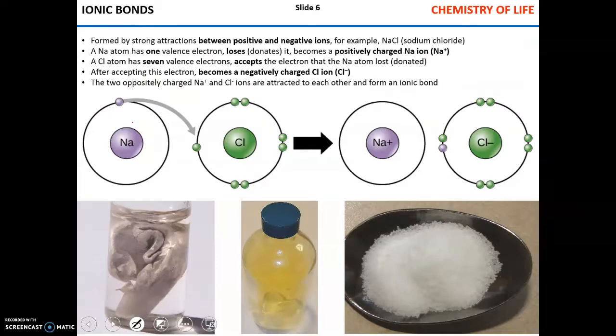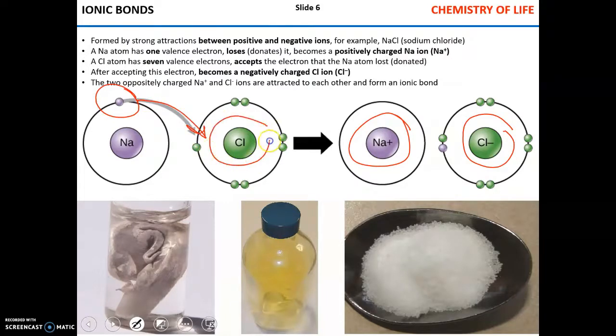Let's talk about different types of bonds. Ionic bonds are formed between positive ion, the cation, and negative ion, anion. When, in this example, sodium atom, having 1 valence electron, loses it, this electron is being accepted by the chlorine atom, which has 7 valence electrons.